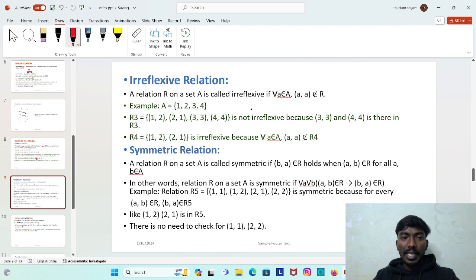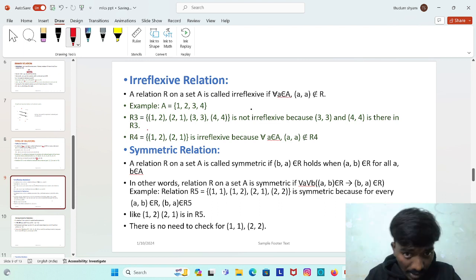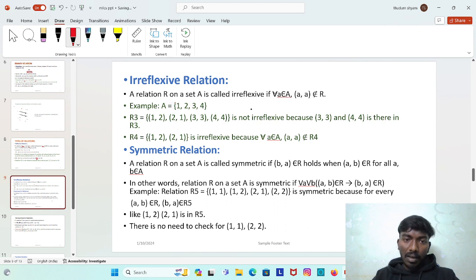The next one is the irreflexive relation. A relation R on a set A is called irreflexive if for all a belonging to A, (a, a) does not belong to R. Taking an example, a set contains 1, 2, 3, 4.